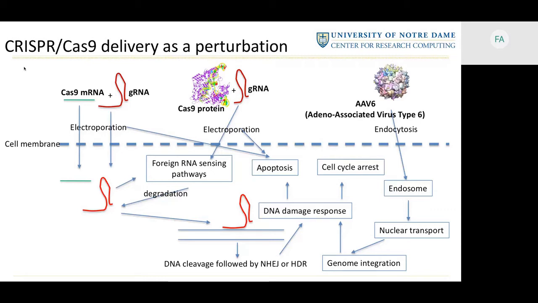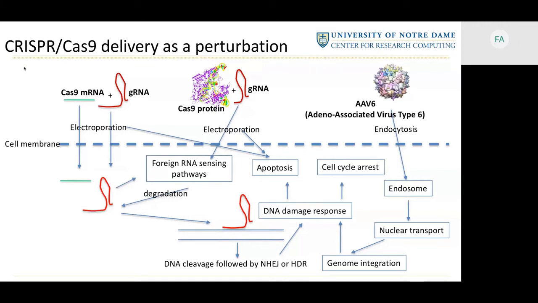And these events can lead to activation of DNA damage responses inside the cell. The other option of delivering CRISPR-Cas9 into cells is using a Cas9 protein and electroporating in the presence of guide RNA.